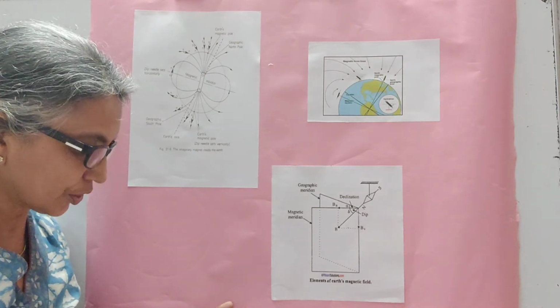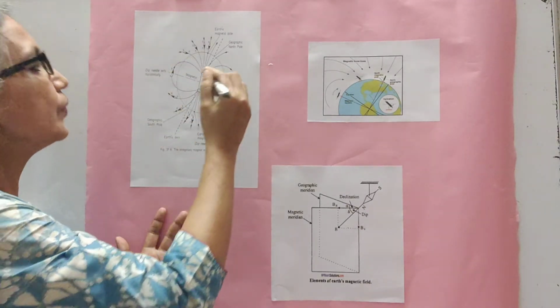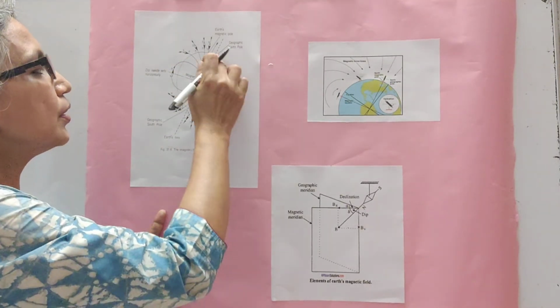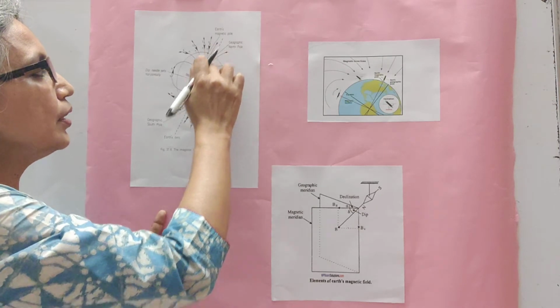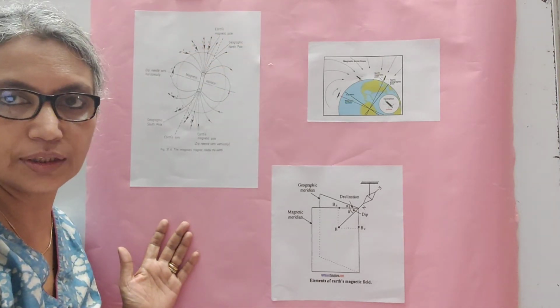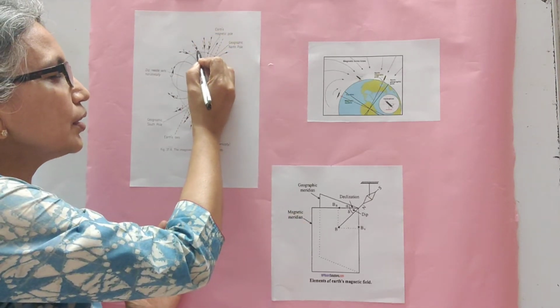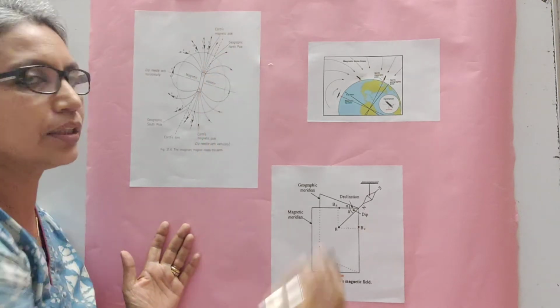Now, if you look at this picture here, this is the earth, and these lines show the magnetic field lines of the earth. For the compass needle, the darkened end is the north end.